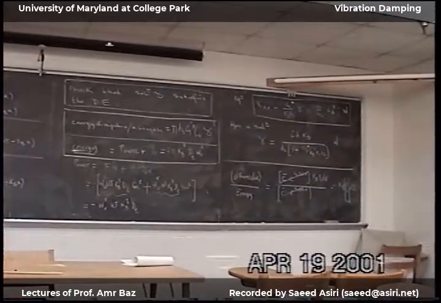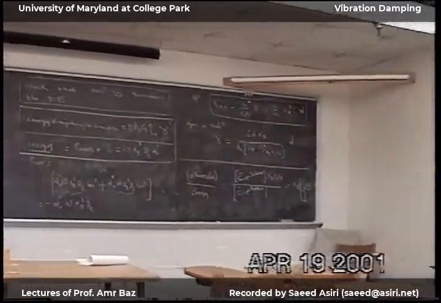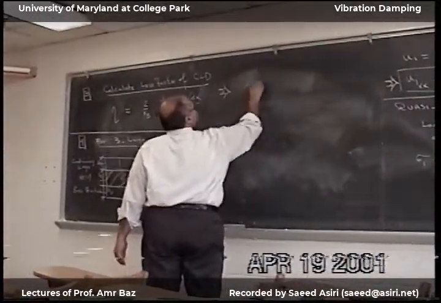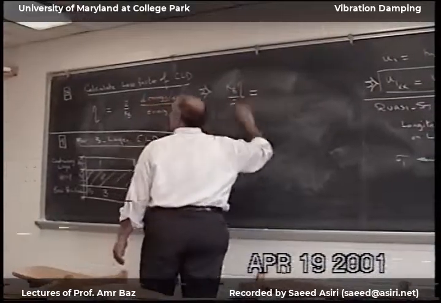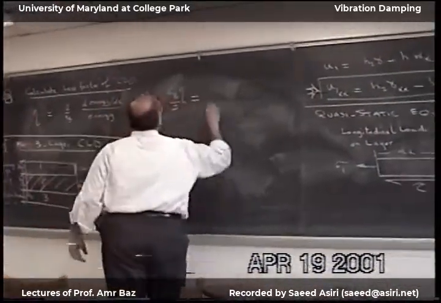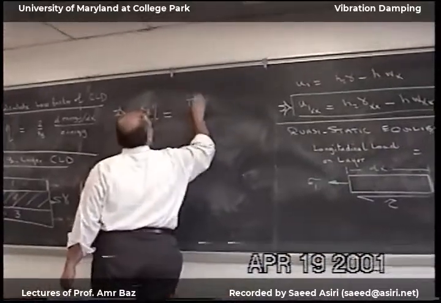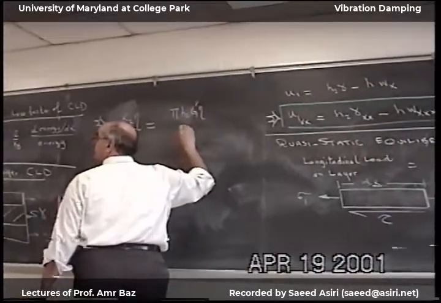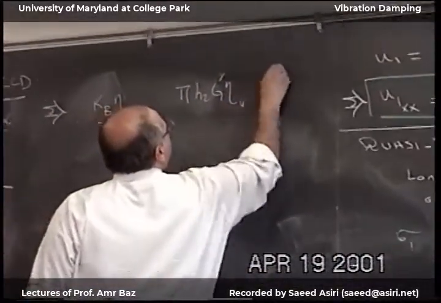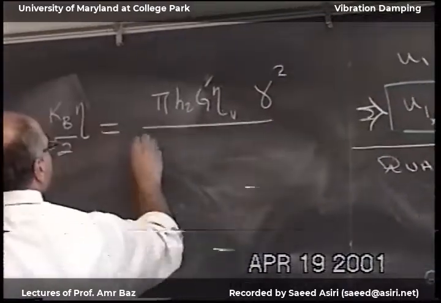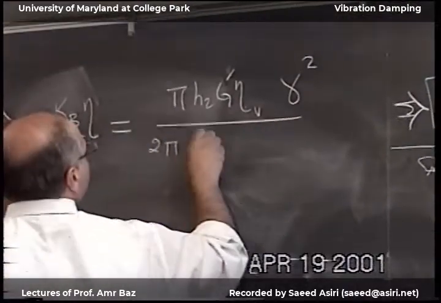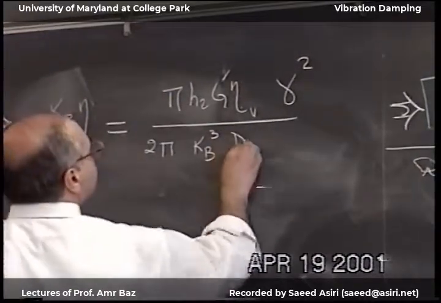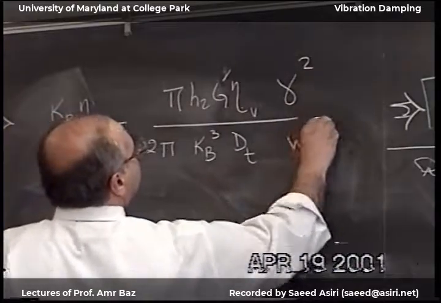Okay, so now this will equal kb eta over 2 will equal pi H2 G prime eta V gamma squared divided by 2 pi kb cubed dt w squared.